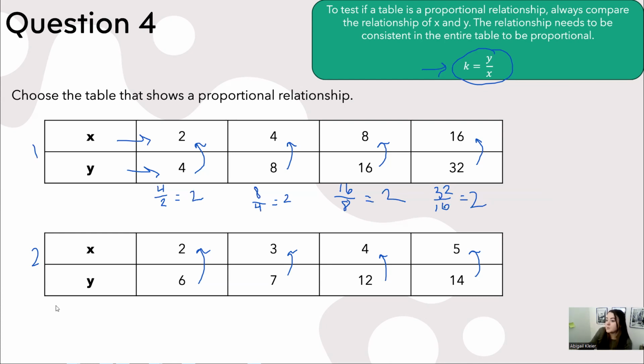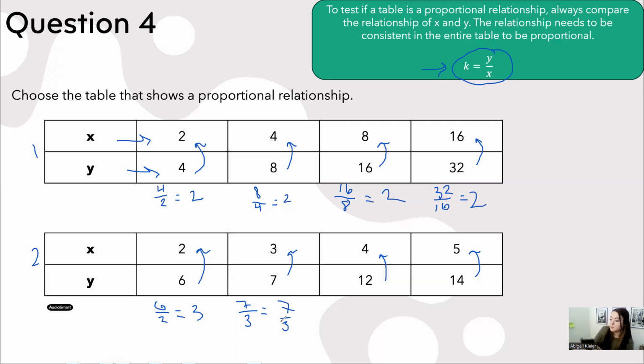Now I'm going to do the same thing with my second table. We're going to see if this one also has a consistent relationship between the y and the x values. Using that same formula, k equals y over x. 6 divided by 2 is 3. We have 7 over 3. 7 over 3 doesn't divide super evenly.